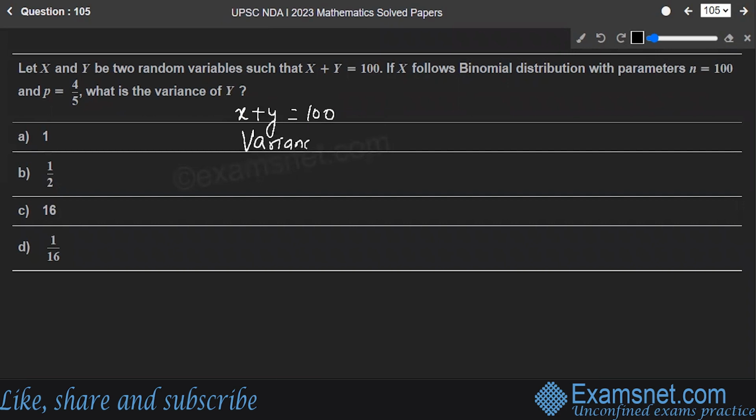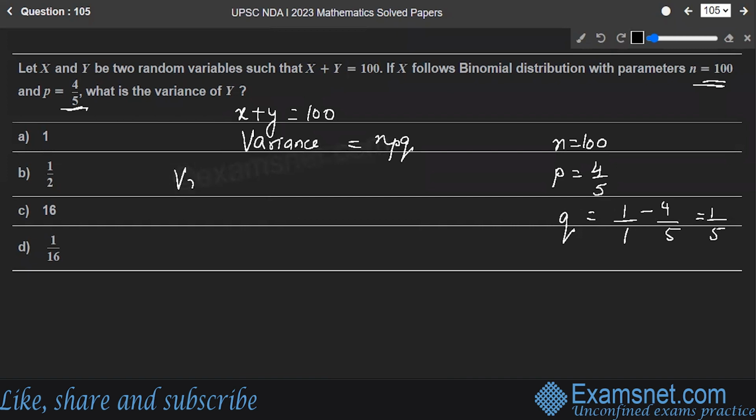You know the variance is given by npq. Here, P is 4 by 5 and N is 100. So, of course, Q is got to be 1 minus 4 by 5, that is equal to 1 by 5. So, therefore, the variance will be simple.